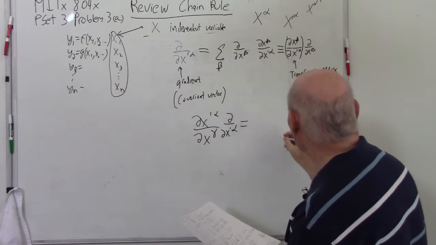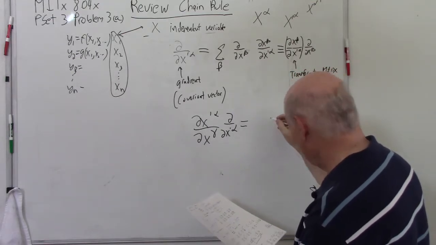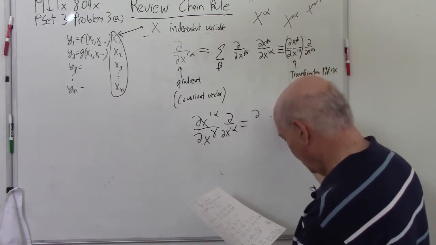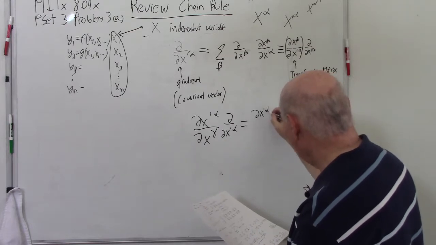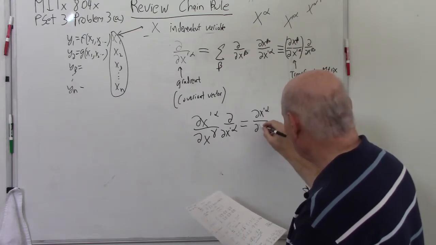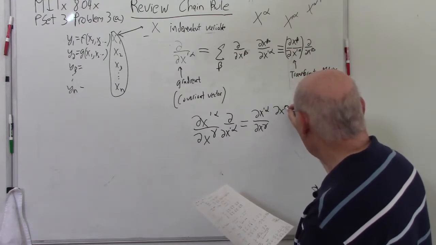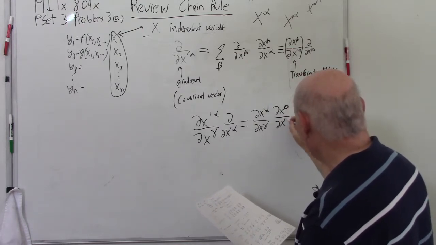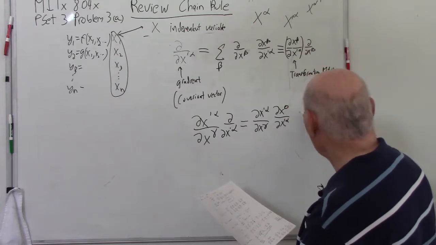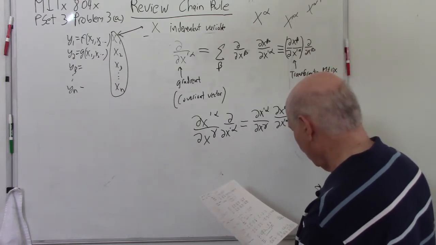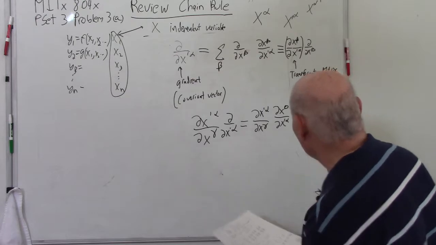This is equal to the partial of x prime alpha with respect to x gamma times the partial of x beta with respect to x prime alpha, this whole thing multiplied by the partial of x beta.